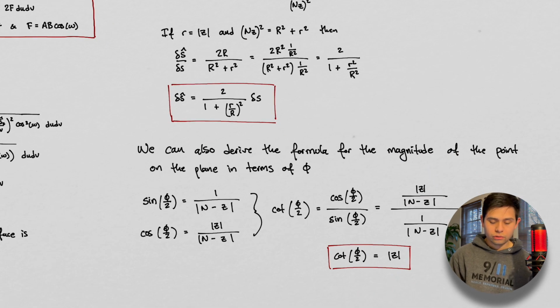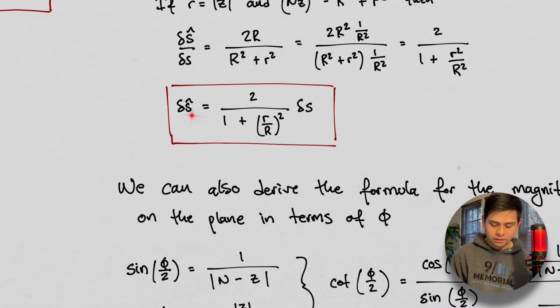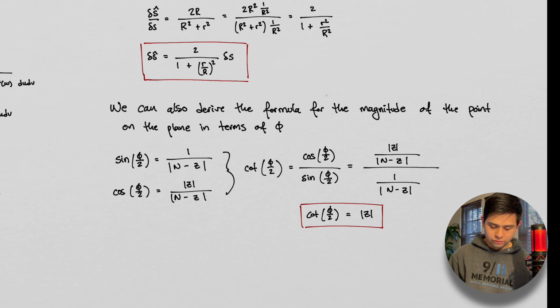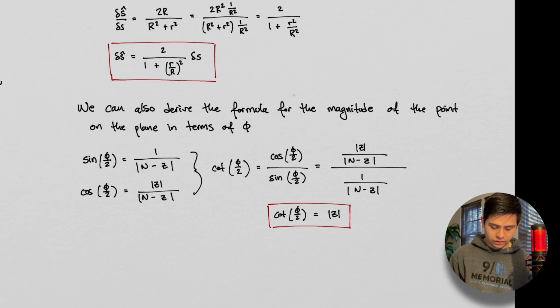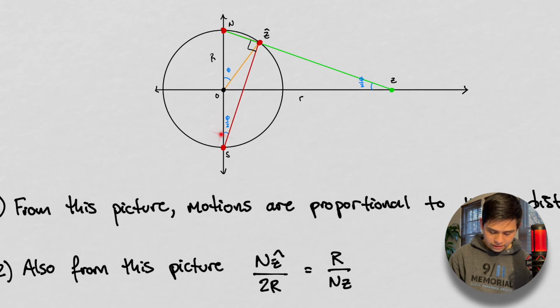So a stereographic projection of our sphere on the complex plane will give us a formula that relates the new metric with the old metric. We can also derive the formula for the magnitude of the point on the plane in terms of theta, so this angle here, that angle there is this angle right here.